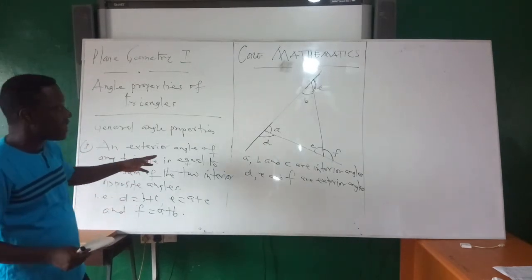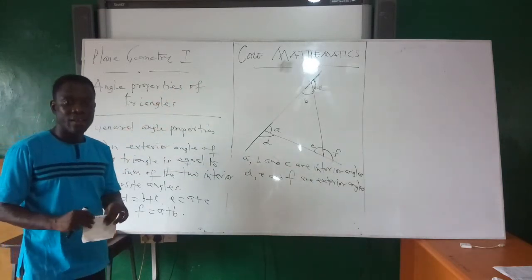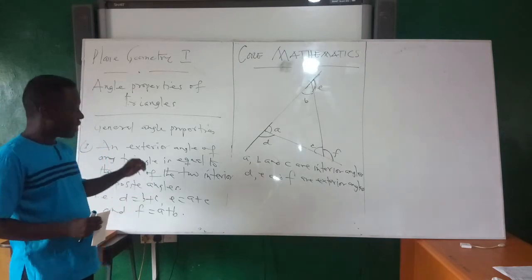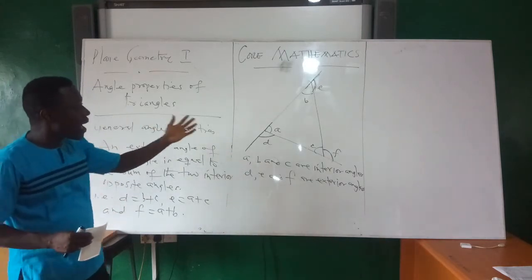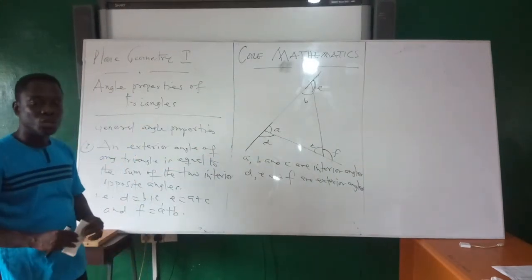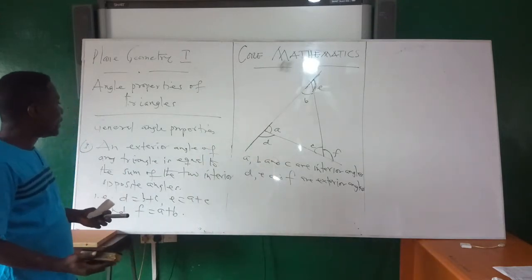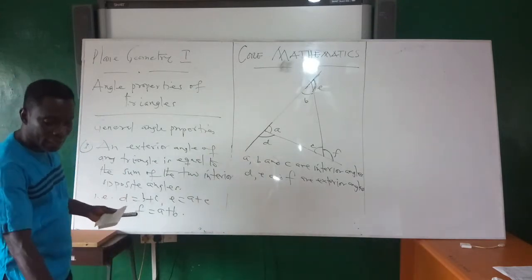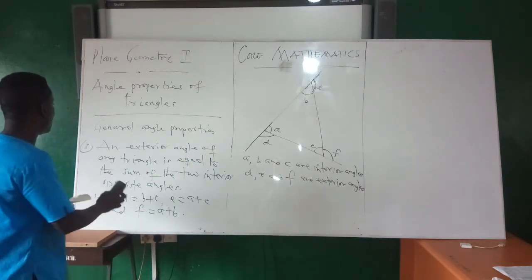Two, the sum of the exterior angles of any triangle is 360 degrees. And the last one, still on the board, an exterior angle of any triangle is equal to the sum of the two interior opposite angles. Those are the general angle properties. Let me quickly look at the specific angle properties.